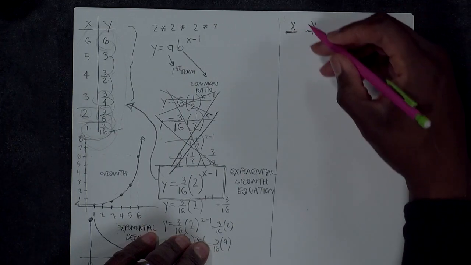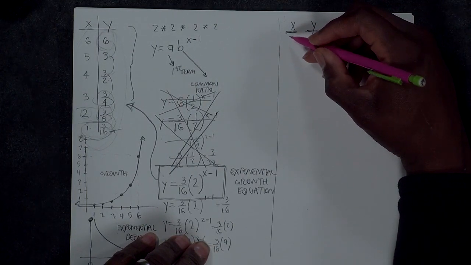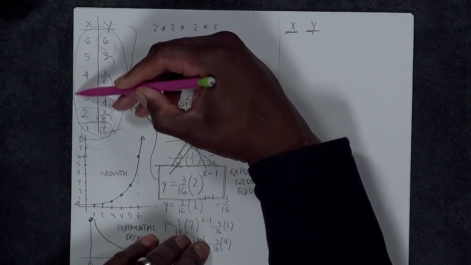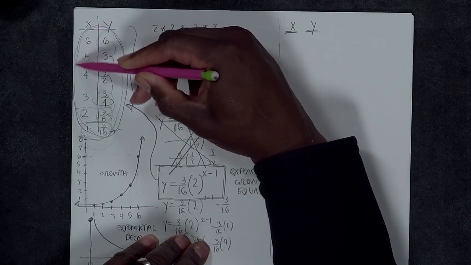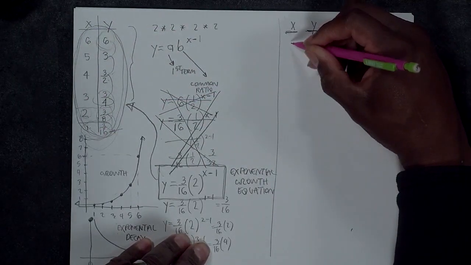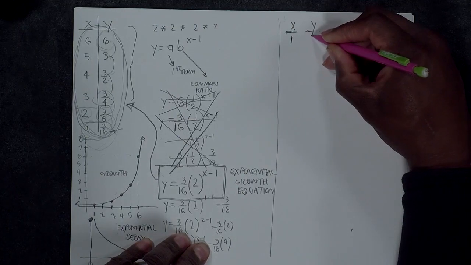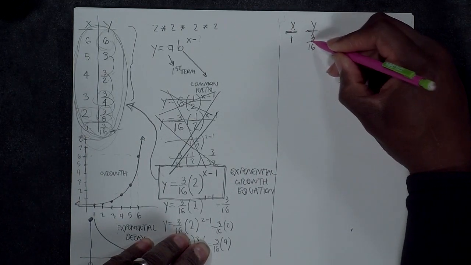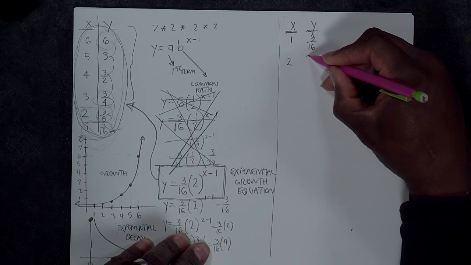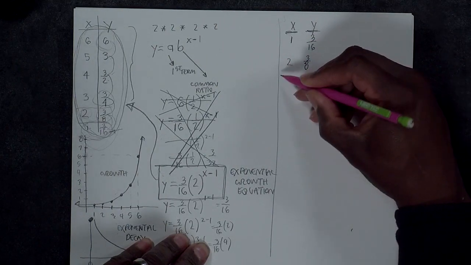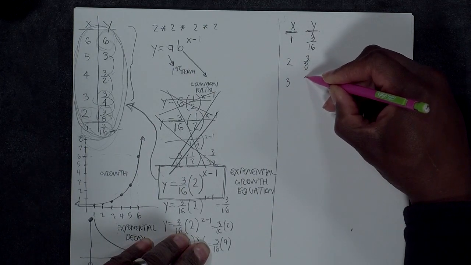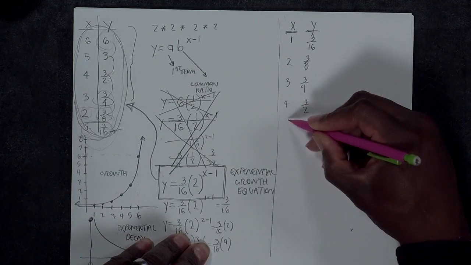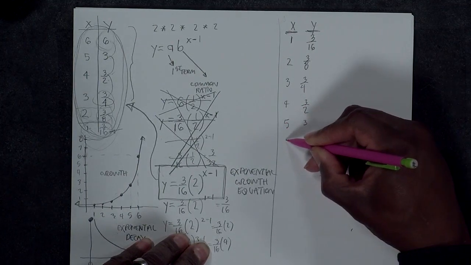All right, so here we have, let me just rewrite this data here. The source of my mistake was I didn't put this in the order where I could be clear. I should have put the 1 and 3/16 first, the 2 and 3/8 next, then the 3 and the 3/4, like so. 4, 3/2, 5, 3, and 6, 6.